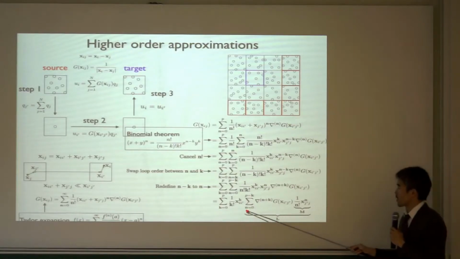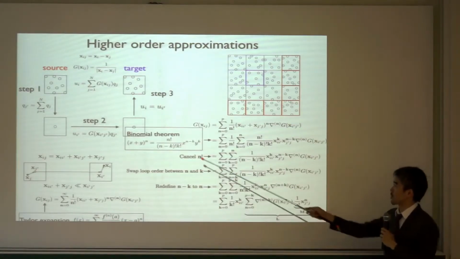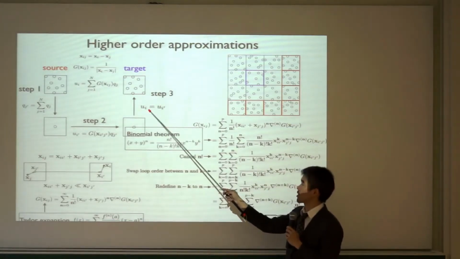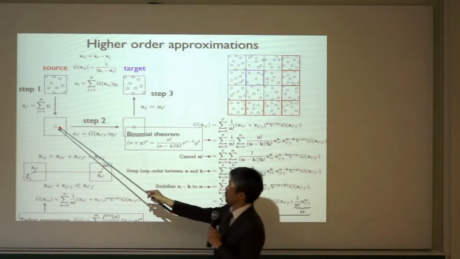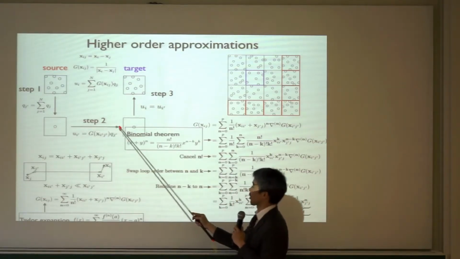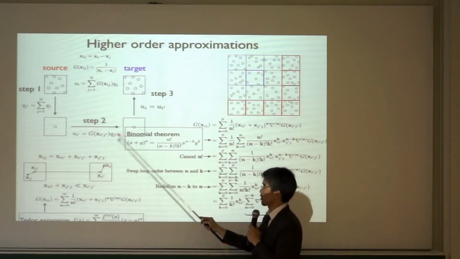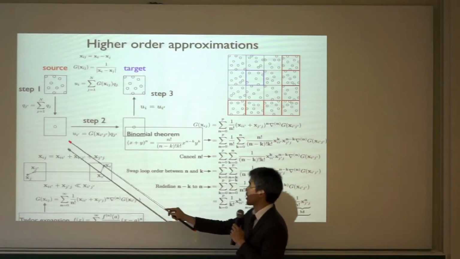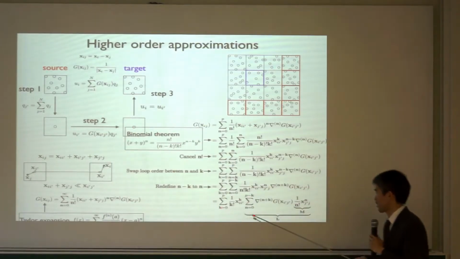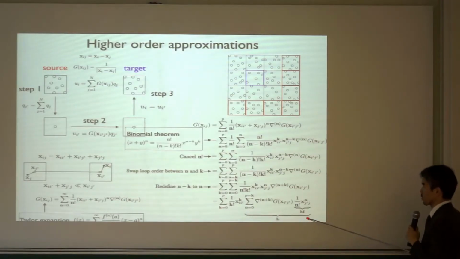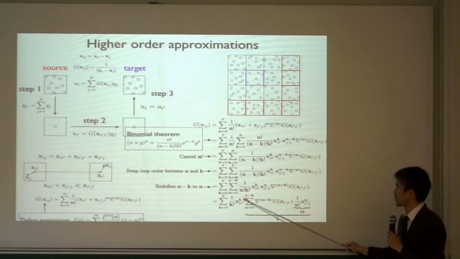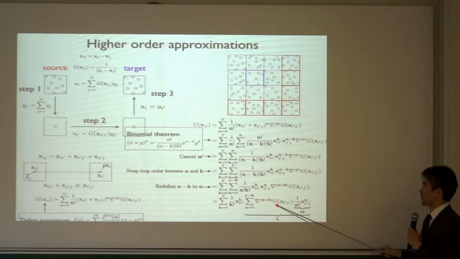Now, in FMM, you have another side of the term, which you use for this side. So the multipole here turns into a local expansion here. So multipole expansion on this side turns into a local expansion on this side. What that calculation is doing is actually doing this part. It's taking this m and multiplying it to this gradient of the g function here.